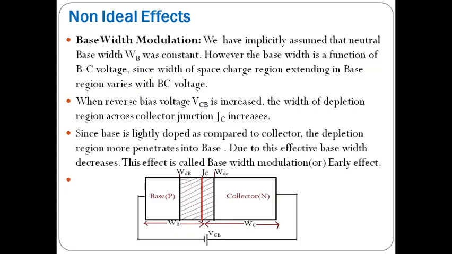So when we apply the reverse bias voltage across the collector junction, we can observe the depletion region at the collector junction. Because the base is lightly doped and the collector is heavily doped, the depletion width penetrates more into the base region and less into the collector region.